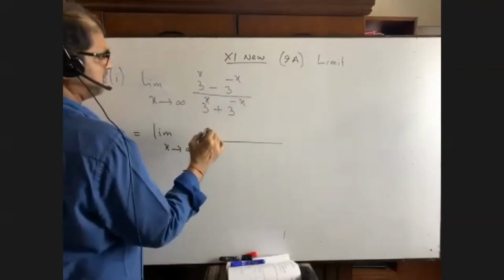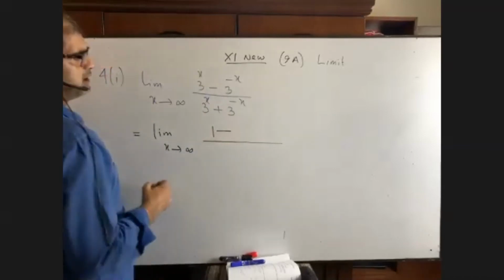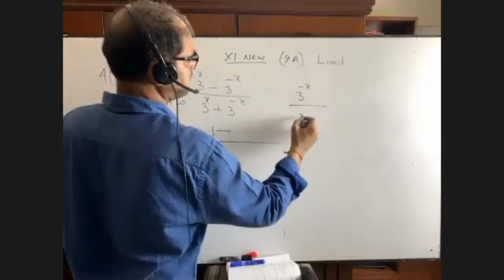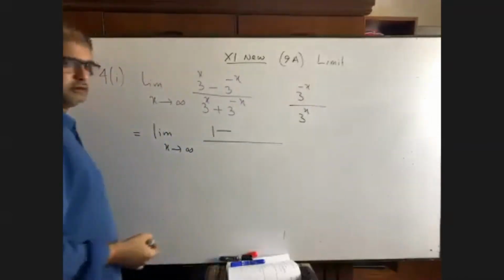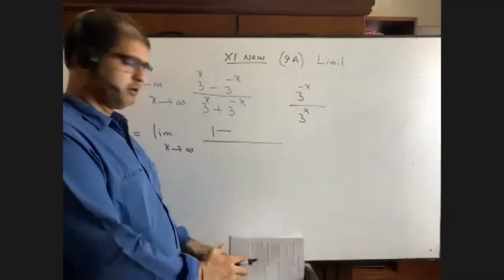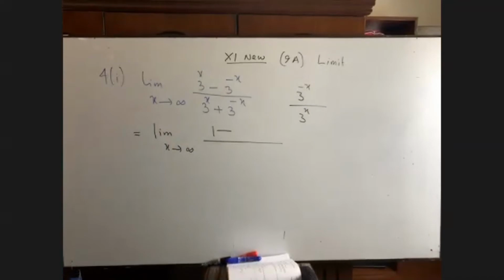It is divided by 3 to the power x, then it is 1. Can you please tell me what will be here? 3 to the power minus x divided by 3 to the power x. What will be the result? 3 to the power minus 2x.